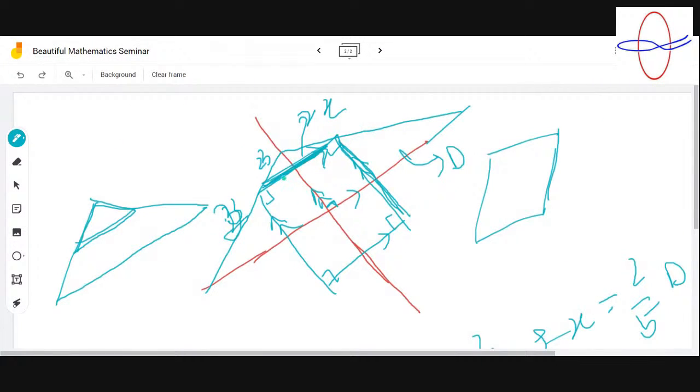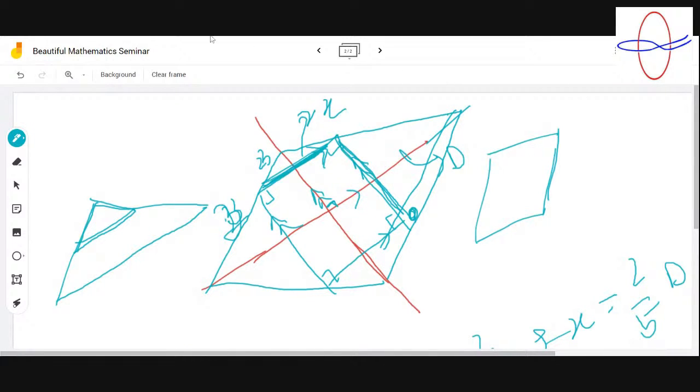This is a rectangle, but this side is the same as 2/5 of this diagonal, right?